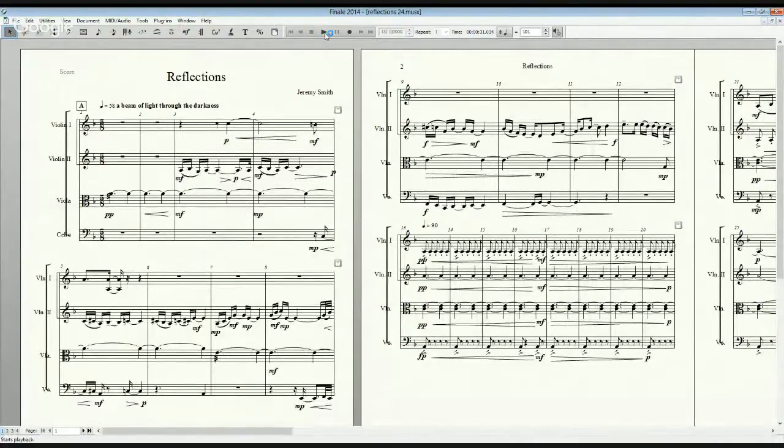How much time is that? An hour and something? How much time is this one? Does it say? Time count? No? Hmm.